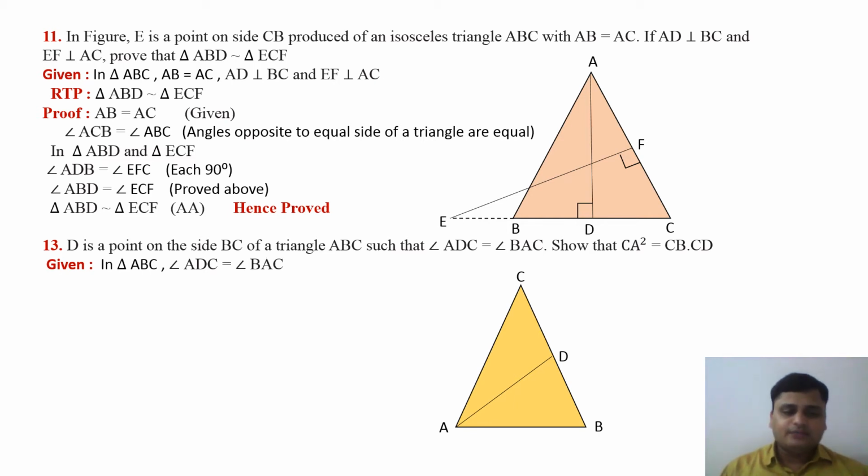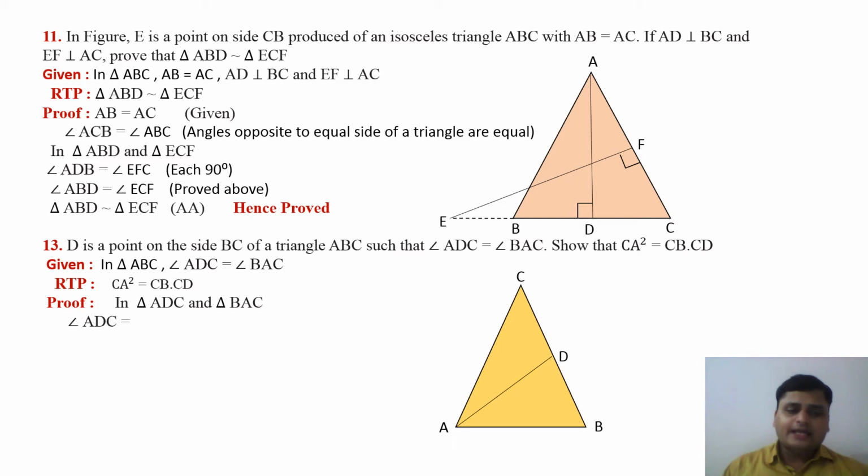Let's take triangle ABC. In this triangle, angle ADC is equal to angle BAC. This is given. We need to prove CA square is equal to CB into CD. So let's begin the proof. We will take those two triangles. One triangle is ADC, another triangle is BAC.